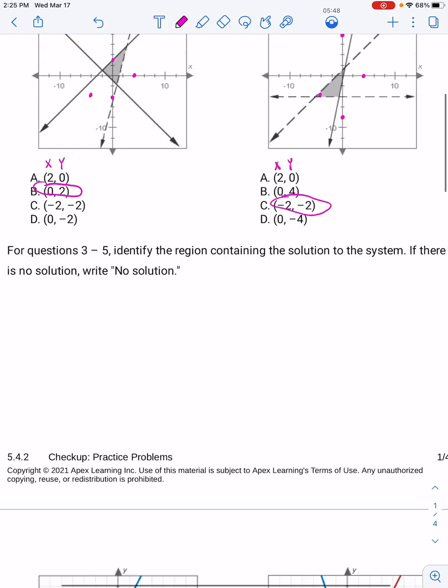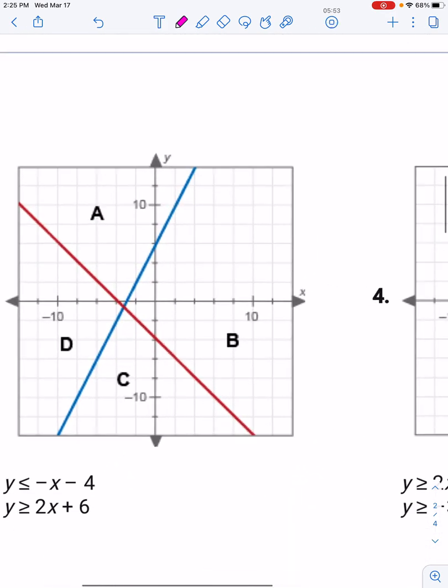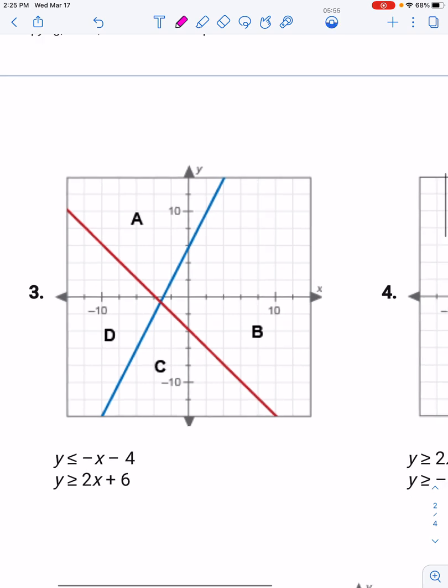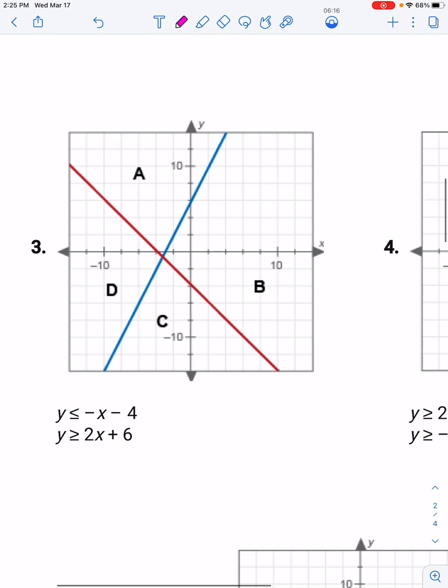All right, for questions 3 through 5, it asks you to identify the region containing the solution to the system. If there is no solution, you're going to write no solution. So we're going to look at our 2 lines here. We have y is less than or equal to negative x minus 4. And then we have y is greater than or equal to 2x plus 6. So what I think is that these are counted by 2's.